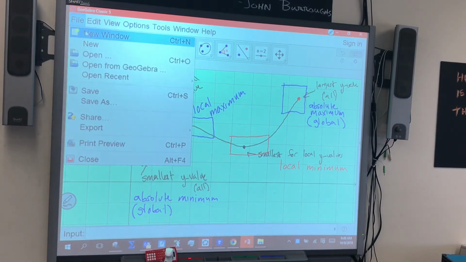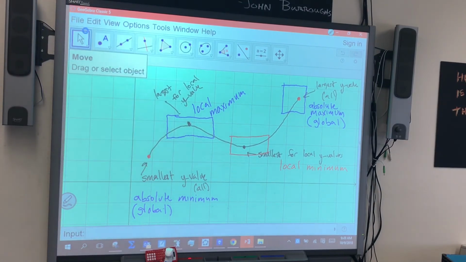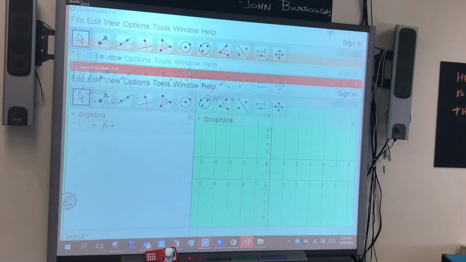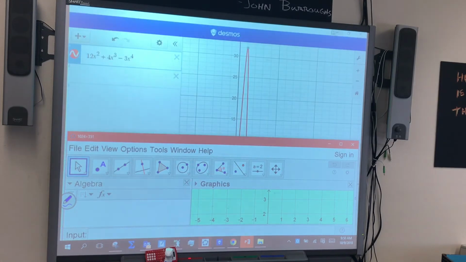make a quick graph here for us. Let's actually go back to this graph here, 12 x squared.